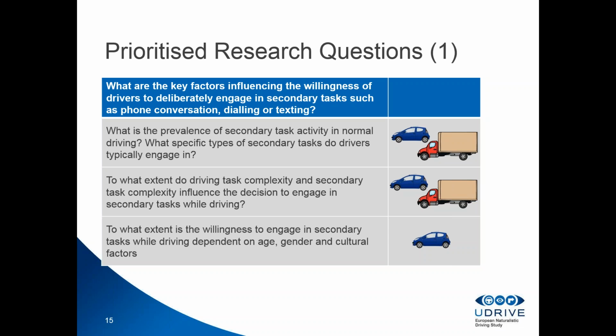We don't understand fully what's behind that, whether that's a problem of poorer traffic environment, poorer road design, or poorer driver behavior and driver attitudes, or maybe a combination of those two. And this will allow us to get a bit of a handle on those questions.